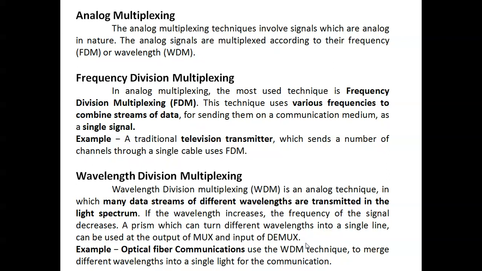An example is a television transmitter sending a number of channels through a single cable. That is called FDM, frequency division multiplexing.